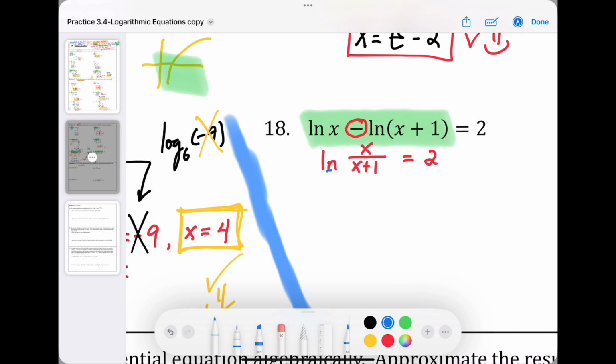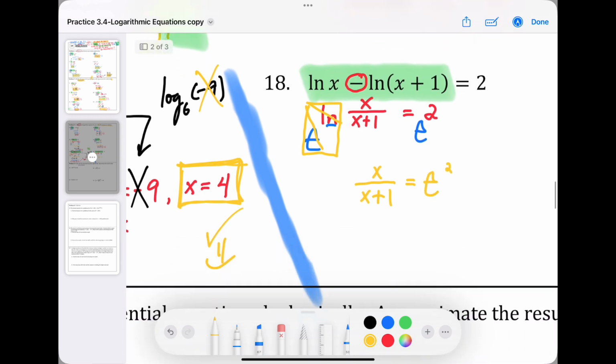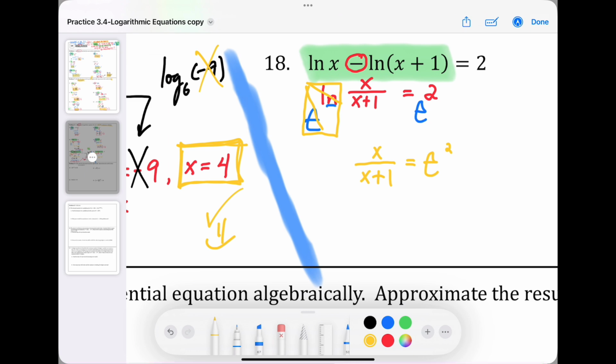That is equal to 2. Very good housekeeping. All about a base. Natural log tells me the base is e. So I'm going to add the base e on both sides to cancel out. The same base cancels out. So now I have x over x plus 1. It's equal to e squared.